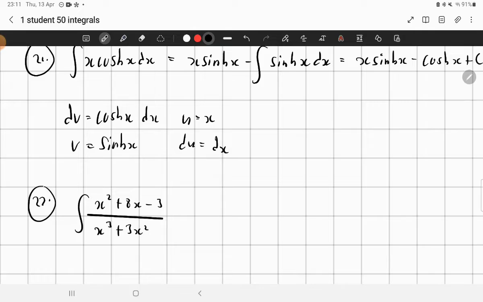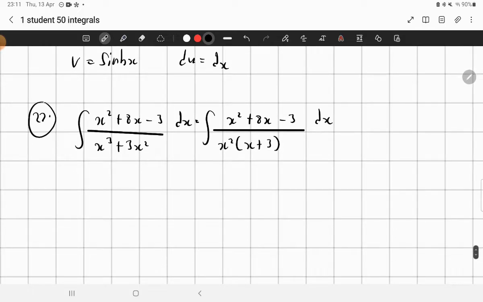Since this is a proper integral, I believe you can separate the denominator: x squared plus 8x minus 3 over x to the power 2 times x plus 3, dx, and partial fractions, obviously.